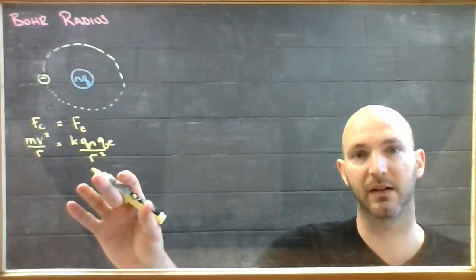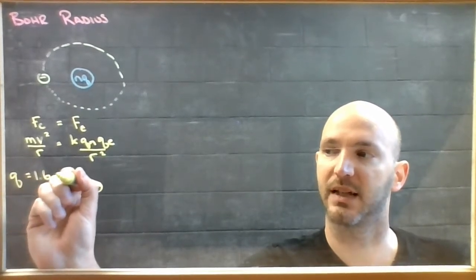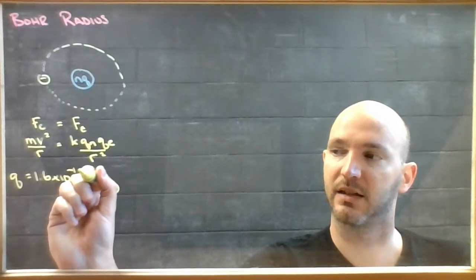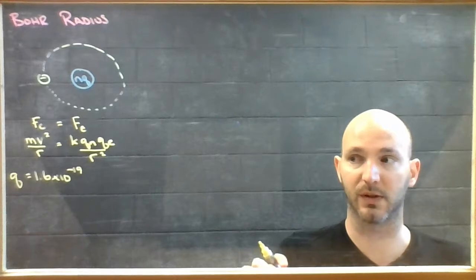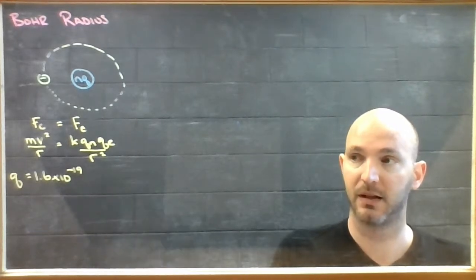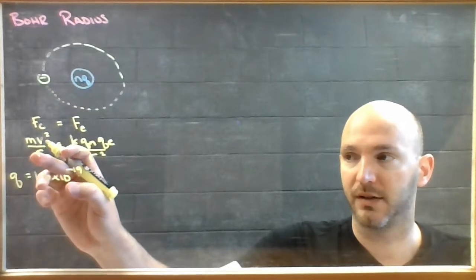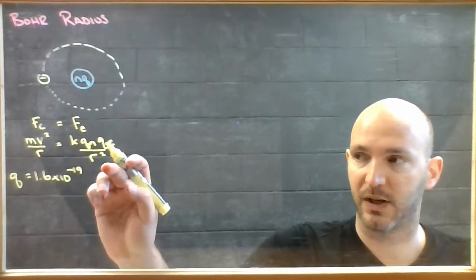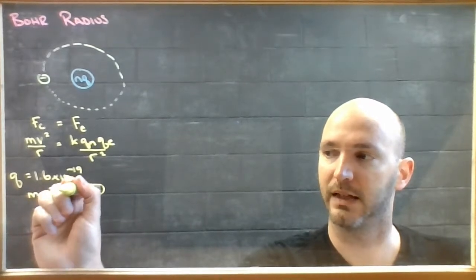So I'm going to make a few notations here. I'm going to use q as 1.6 times 10 to the negative 19. So whenever you see q going forwards from here, it's that number. That's just a constant. I have an r on this side and an r squared on that side, so that's going to go away.